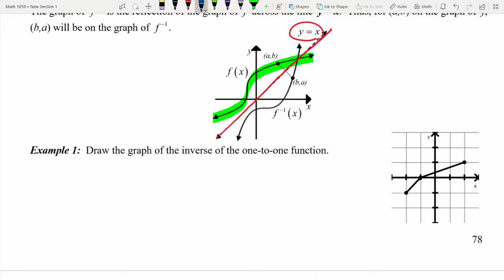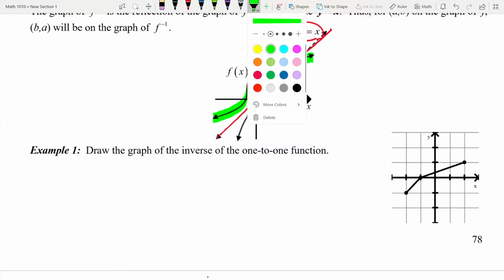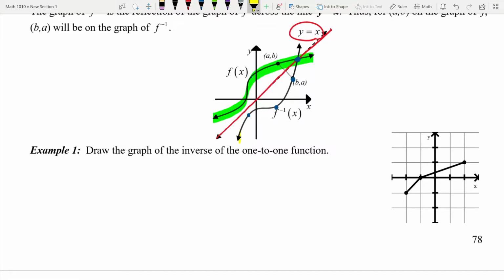Well, like this part right here, these would match the same. And see this dot right here, it would come over to the other side. And this part that kind of bulges out would come right there. And this part would come right there. And if you fold it across that line, y equals x, then it would lie right on top of the other side. So the green would smear right over there to the yellow, okay?